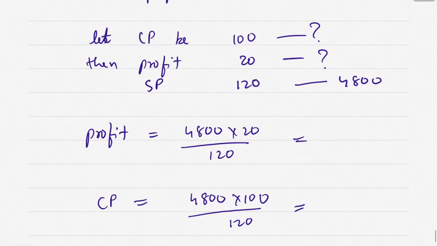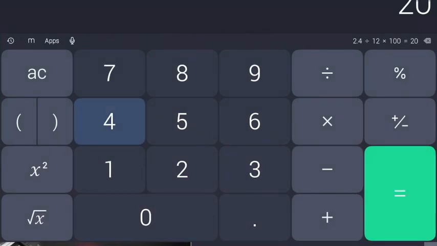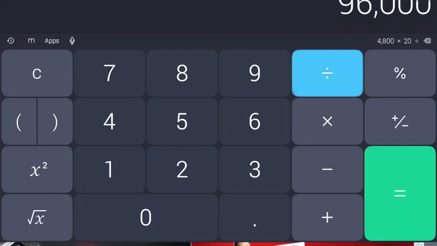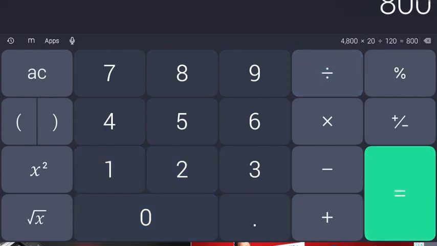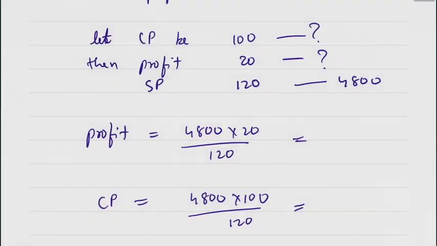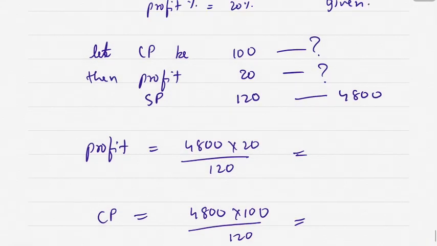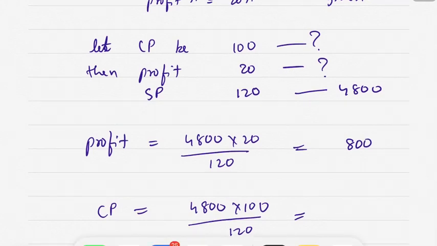Please tell me how much is profit and how much is cost price. 4,800 multiplied by 20 divided by 120. Correct? 800. So profit comes to 800.